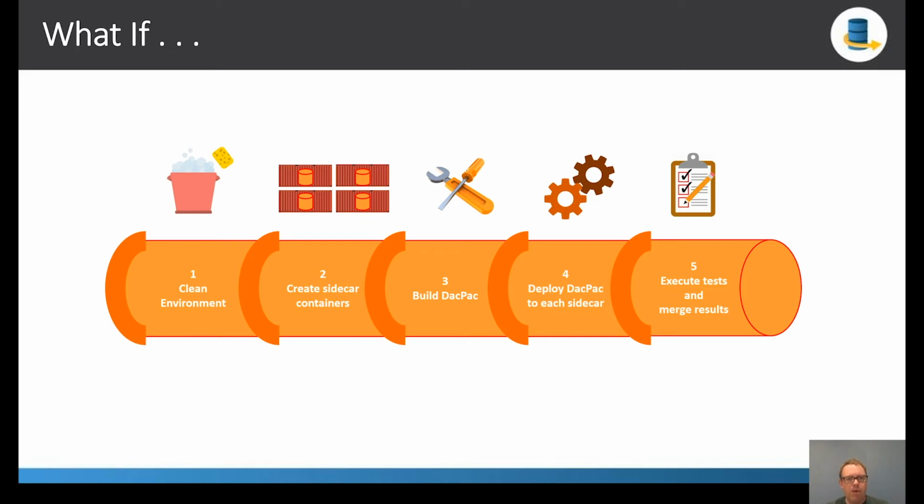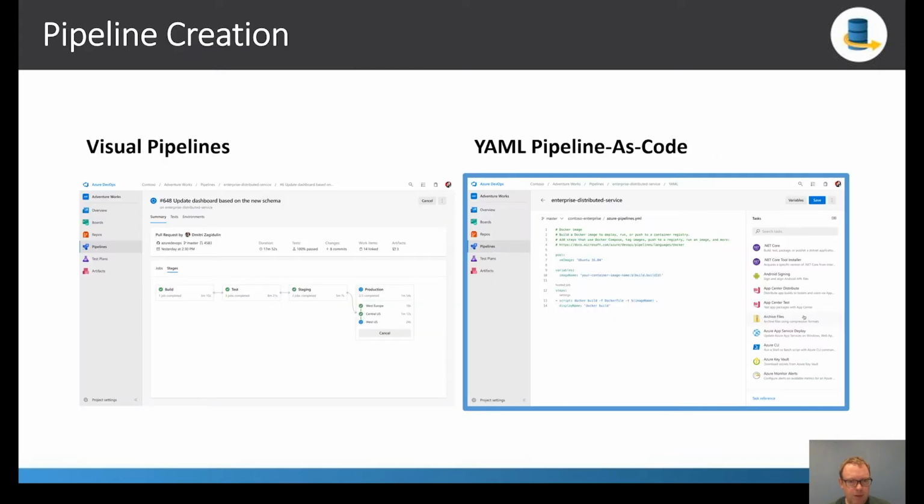What you therefore want to do is run your tests in parallel. If you do this against a single database, there's a problem with that. Your tests can get in each other's way and cause chaos. So what you ideally want to do is run each test against its own dedicated database. This is what I'm going to largely cover in the rest of the session. I'm also going to use pipeline as code because it promotes code reusability.